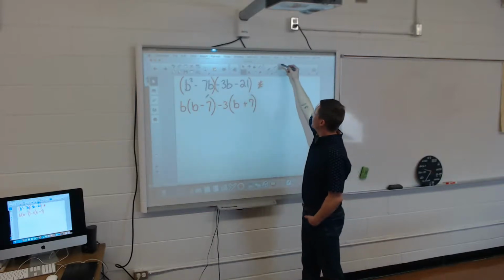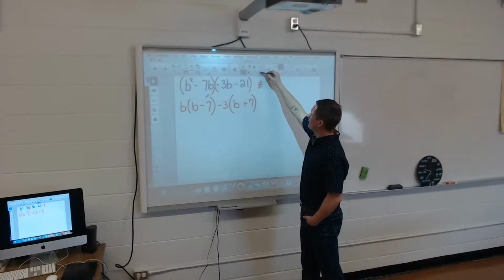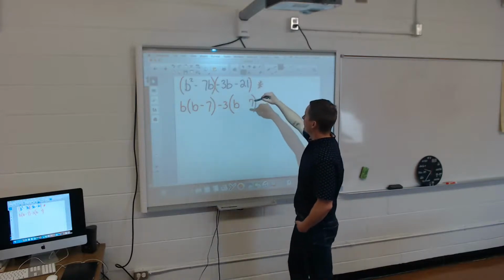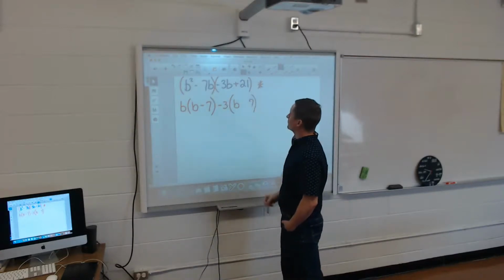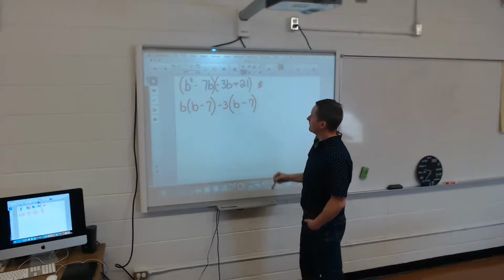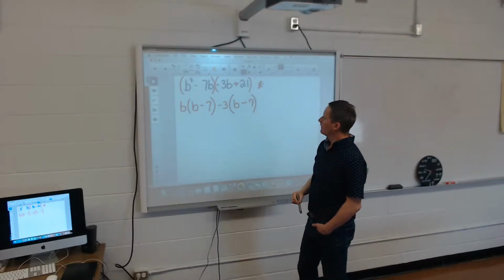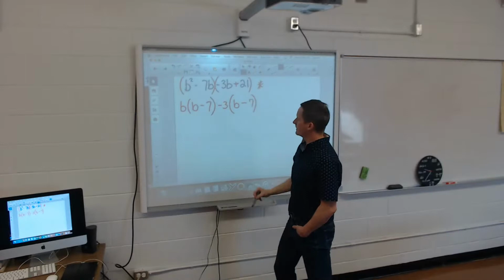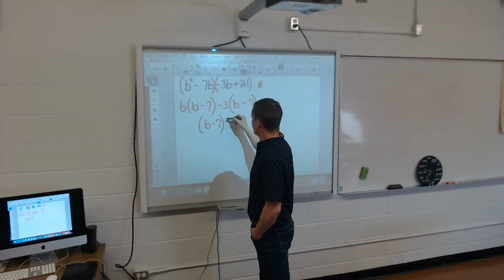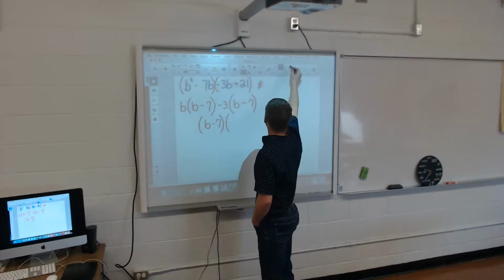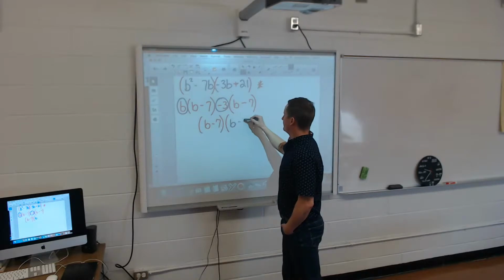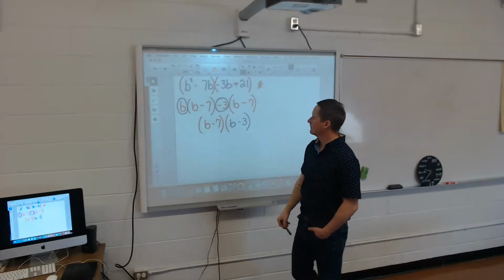So if the question was written a little bit different in this particular book, it's not. If this was a plus right here, then this would work out to a negative 7. Now I have two brackets that are exactly the same. And I'd be left with that right there.